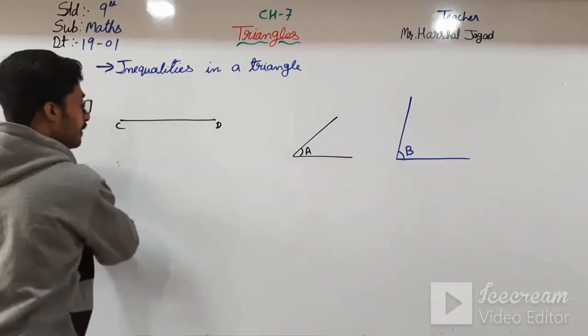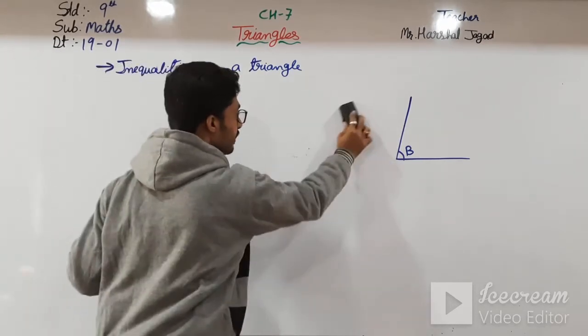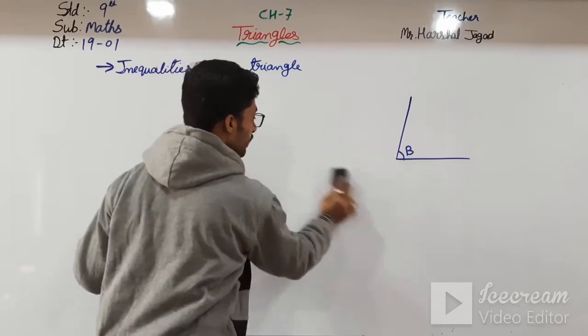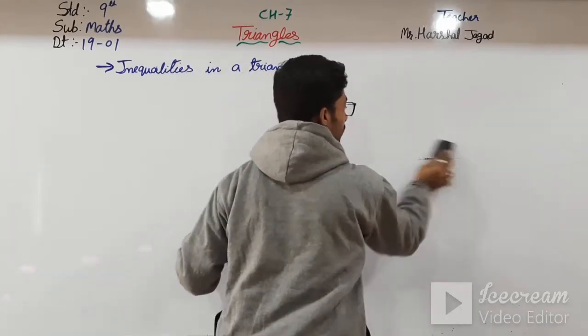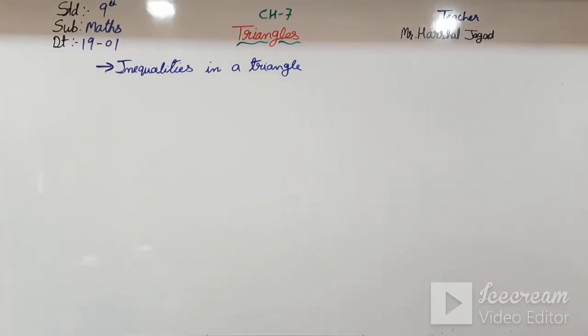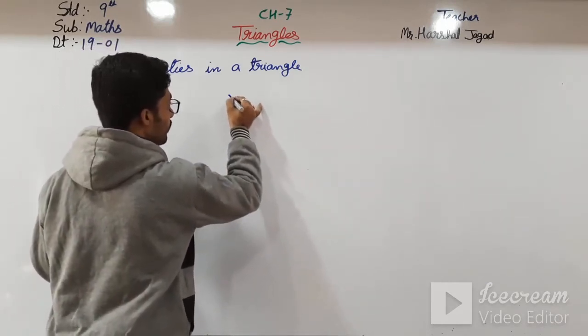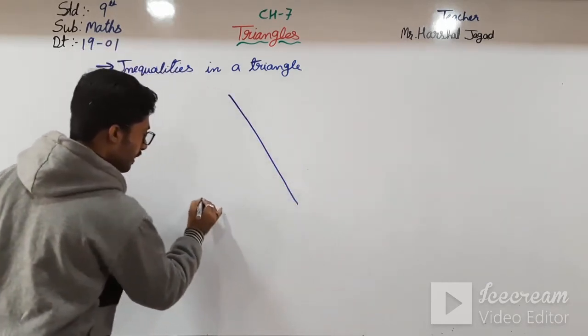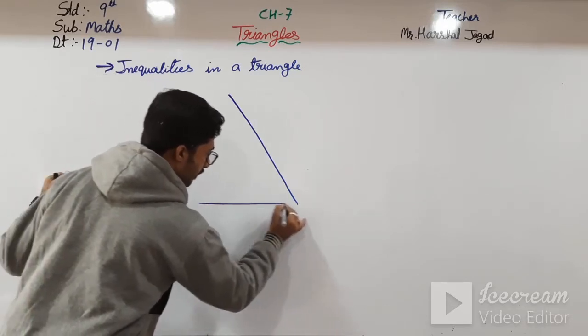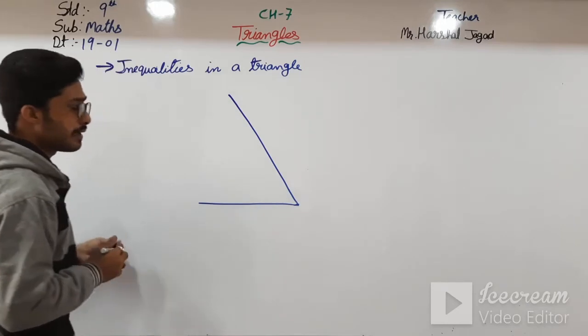In your textbook there is a diagram given that I am drawing over here. It is given a straight line like this, and from here you can see there is a variation.